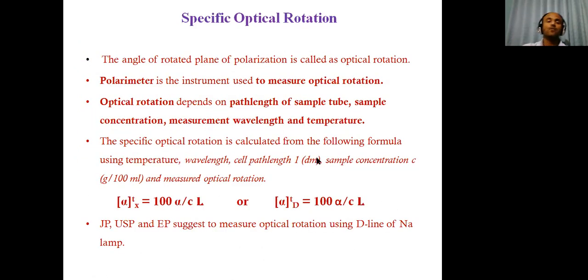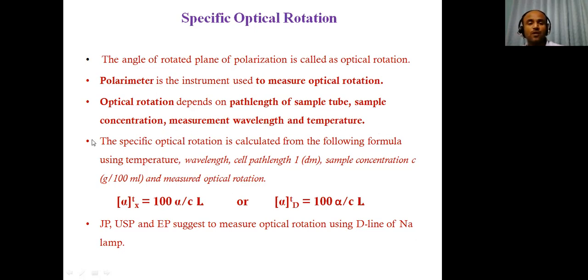Specific optical rotation. The angle of rotation of the plane of polarization is called optical rotation. Polarimeter is the instrument used to measure optical rotation. Optical rotation depends on different parameters such as path length of the sample tube, sample concentration, measurement wavelength, and temperature.